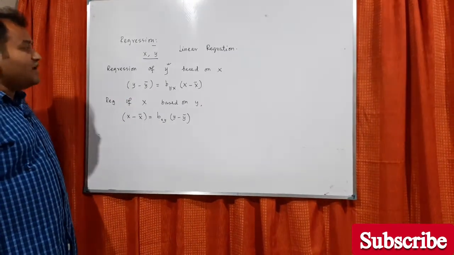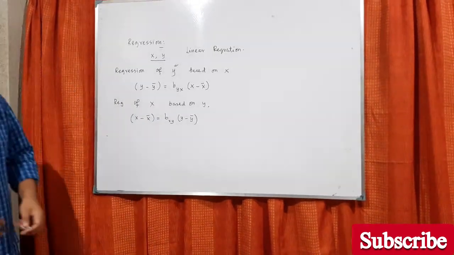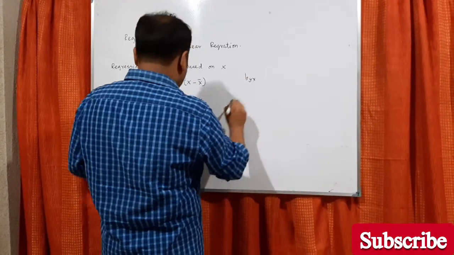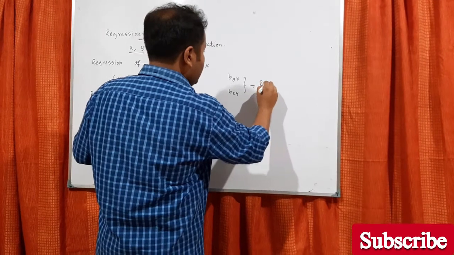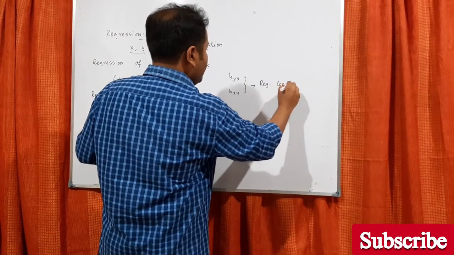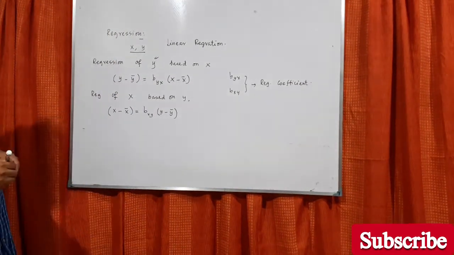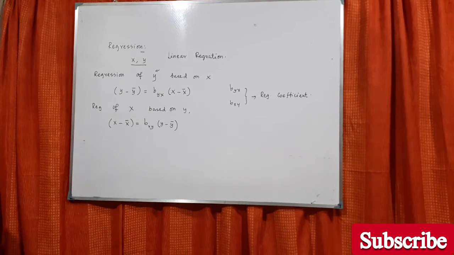These two forms are very, very important. Here b_yx and b_xy are called regression coefficients. That is the basic idea about regression.